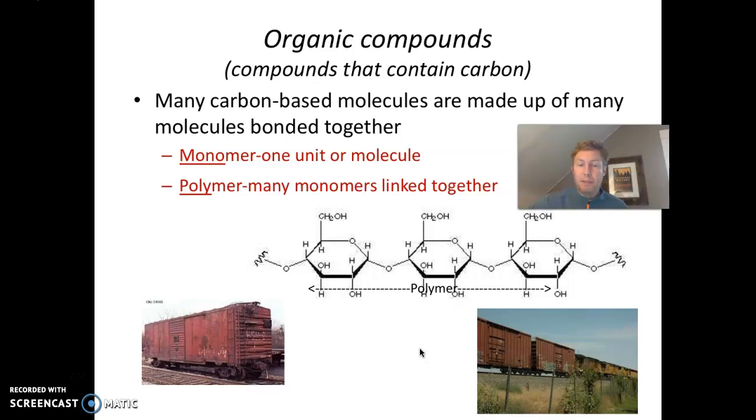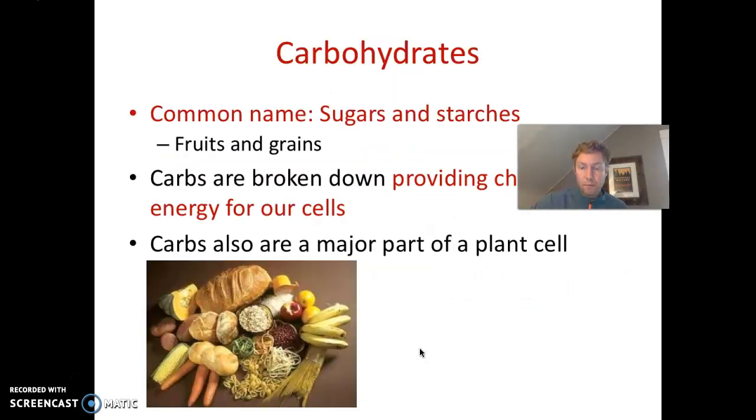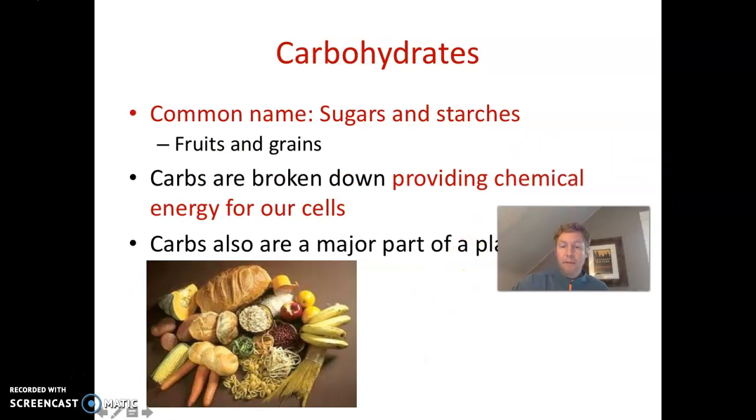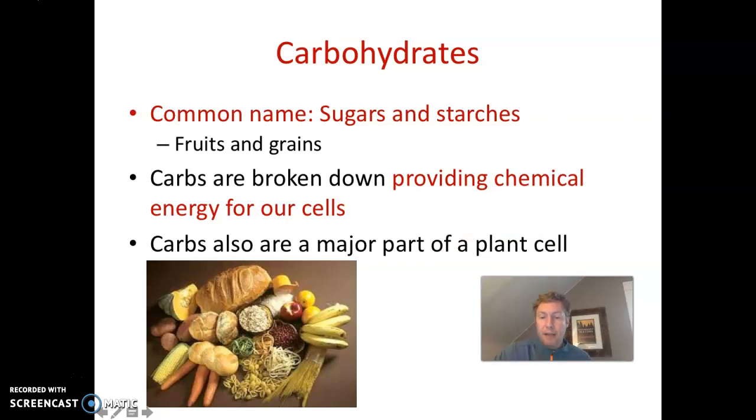Let's get into some specific examples of the four things that we're made up of. All right, the first thing: if we looked inside of our cells, and thought about how we metabolize our food to make energy for ourselves, carbohydrates are a large molecule, a macromolecule, that helps us function and makes us who we are.